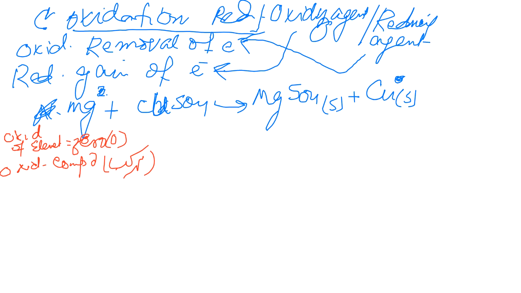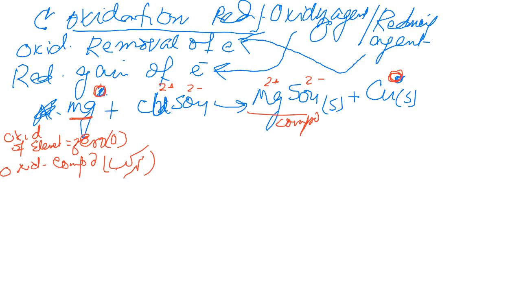Here magnesium is a pure metal, so its oxidation number is 0. But in magnesium sulfate, it is 2 plus and sulfate is 2 minus. Copper is a pure element, so its oxidation number is 0, but here copper is 2 plus and this is 2 minus.